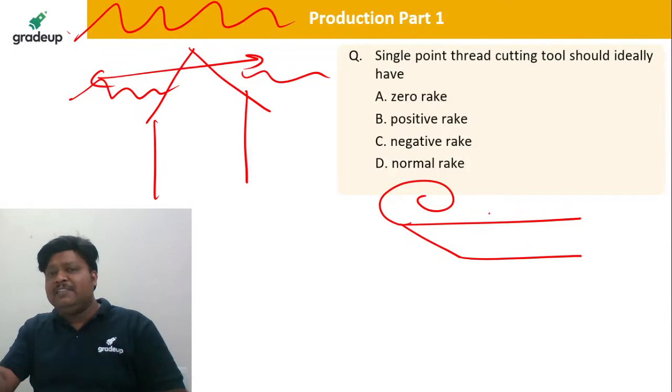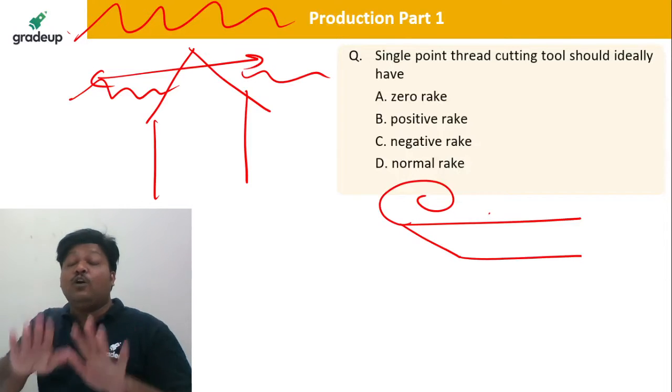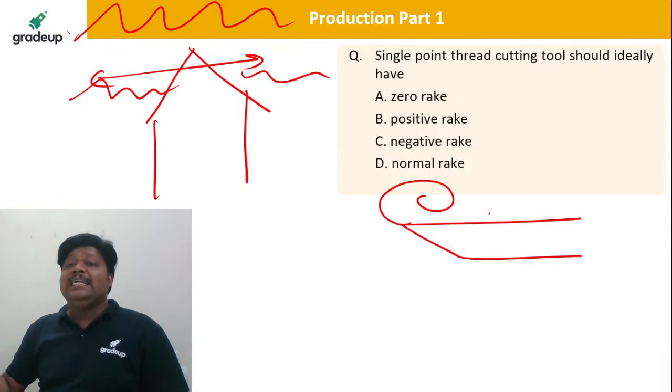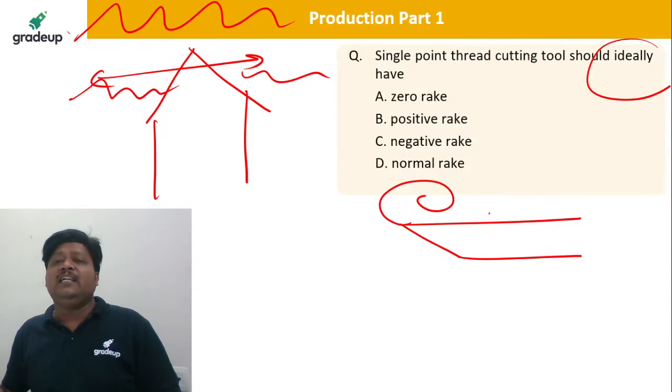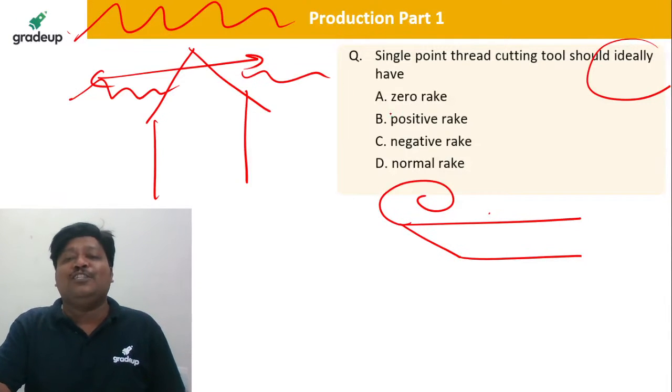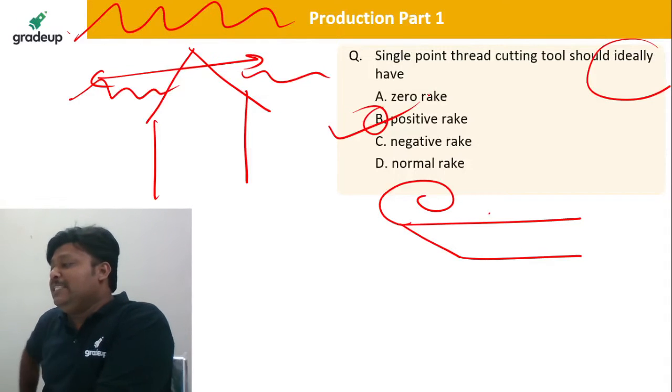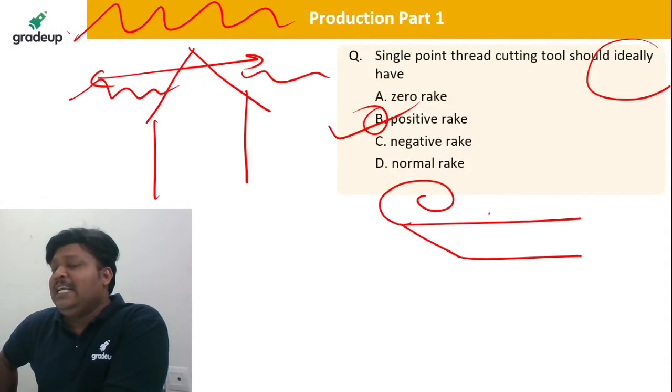I am agreeing with this, but ideally speaking, dear, this is important. Ideally a single point thread cutting tool, I am saying to students, should have the positive rake. Please remember, B is correct. Ideally speaking, it should be the positive rake, but in reality we generally use this tool with zero rake angle. Yes, Kuldeep, very nice. Raja, very nice.